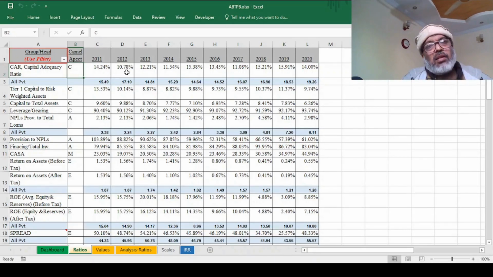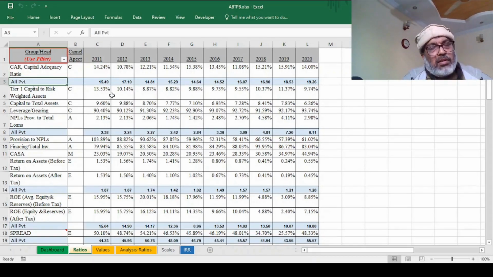It indicates risk coverage of the depositors. But if it is too high, then it means that the bank is a bit lethargic. It is not doing its banking business efficiently and not lending to the businesses.